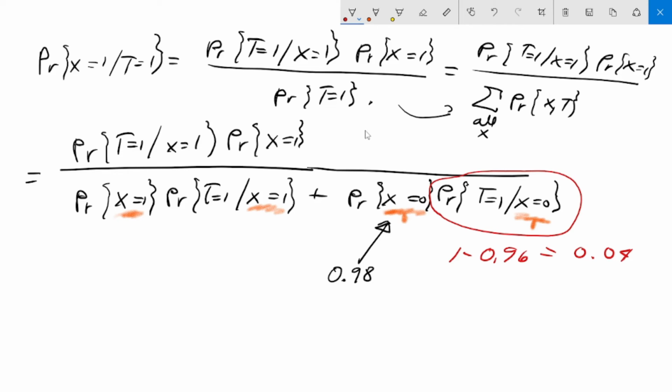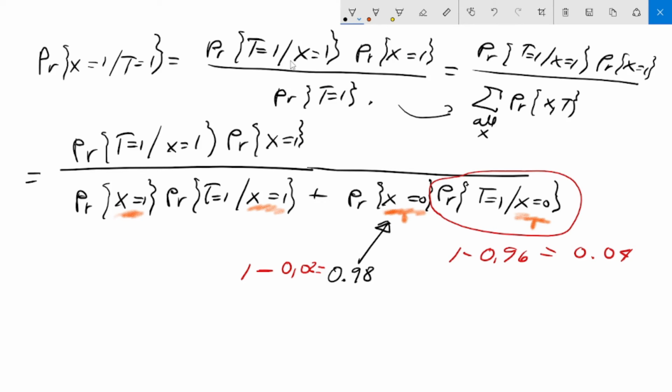The same happened with this other number, because it was obtained by 1 minus 0.02. So now we have all the numbers in this expression, every single value. We make a substitution in every one of these terms, we compute the expression, and we get the following result.